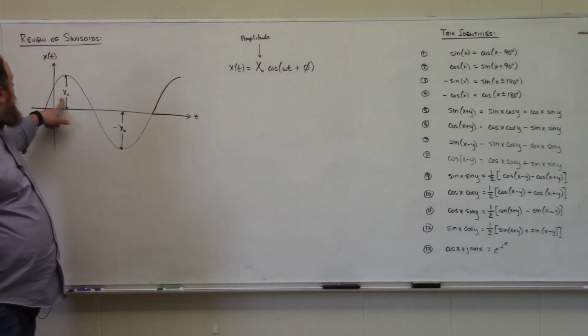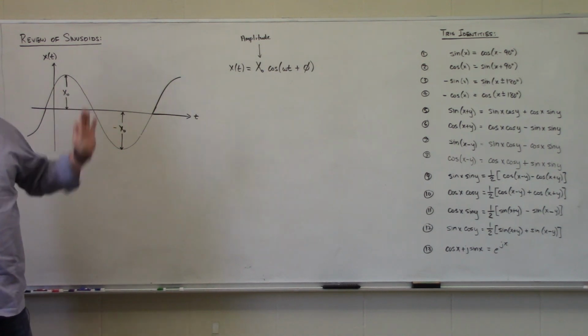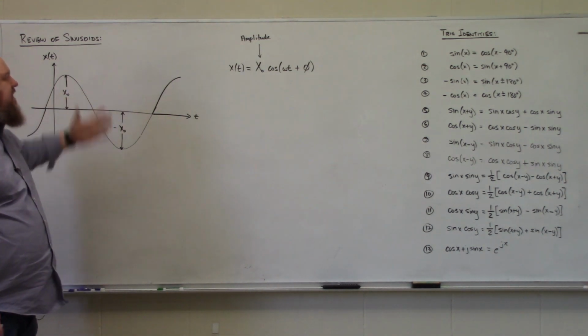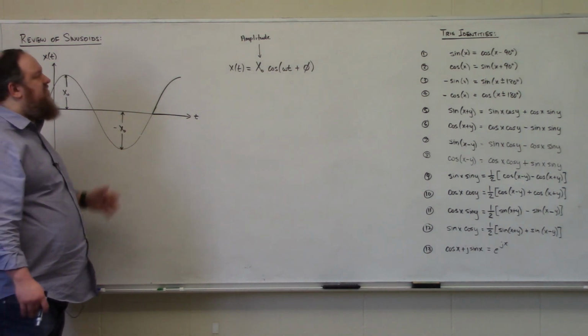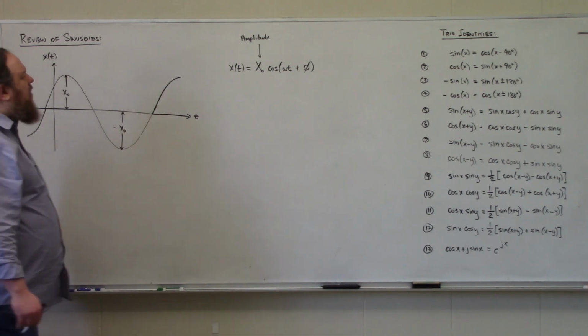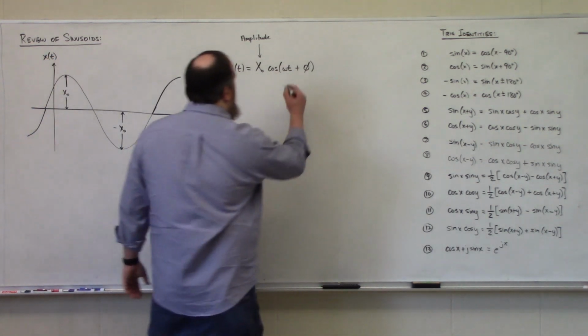So we are able to quantify the amplitude of our sinusoidal signal by purely looking at the peak value of the signal. And if it's a positive peak, it's the amplitude, and if it's a negative peak, it's the negative of the amplitude.